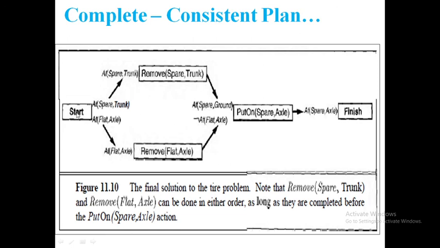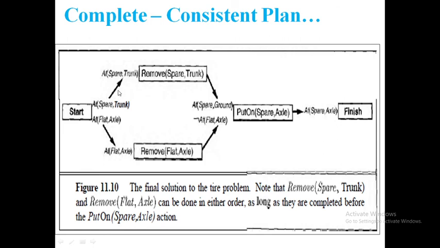See, what is happening here? In order to place the spare on the axle, what did we do? We removed the flat from the axle first. First step. In parallel, we removed the spare from the trunk. In order to remove, the spare should be at the trunk. In order to remove the flat tire on the axle, the flat should be at the axle.